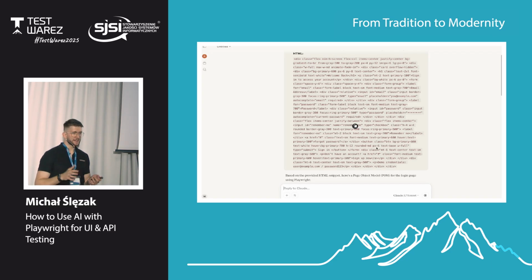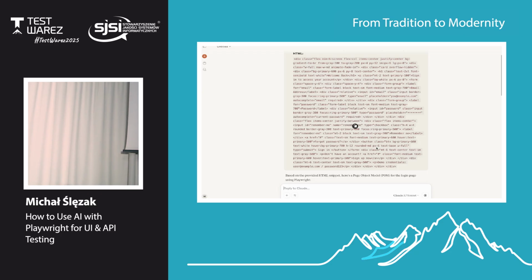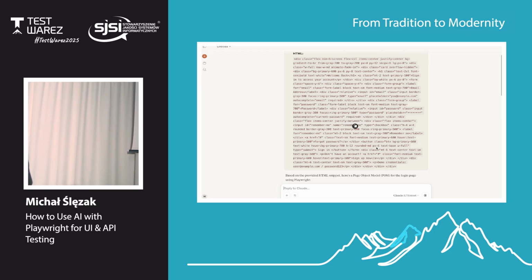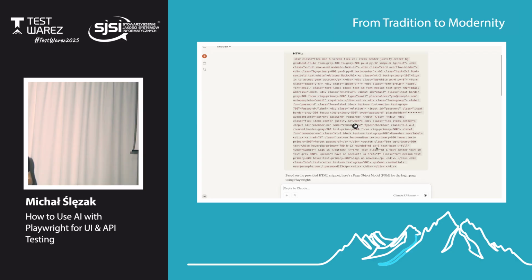For this case, I put in the HTML code for the form which I showed you, and the code is generated by the LLM. We see that it generated probably too many methods for the HTML, but we can easily add an additional prompt so that we have only the methods and selectors which we want.